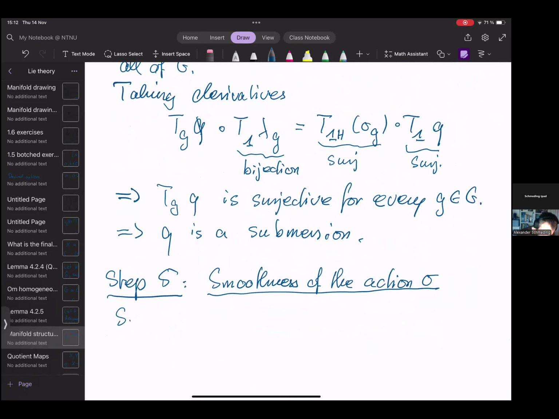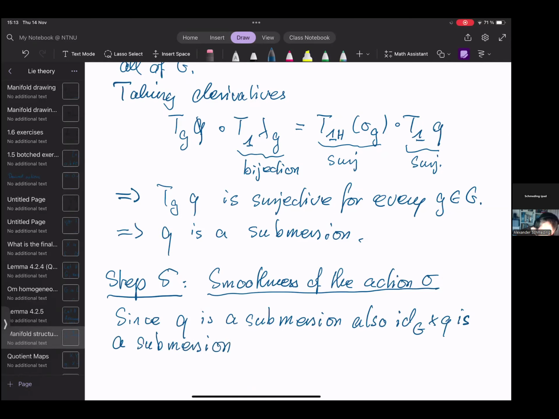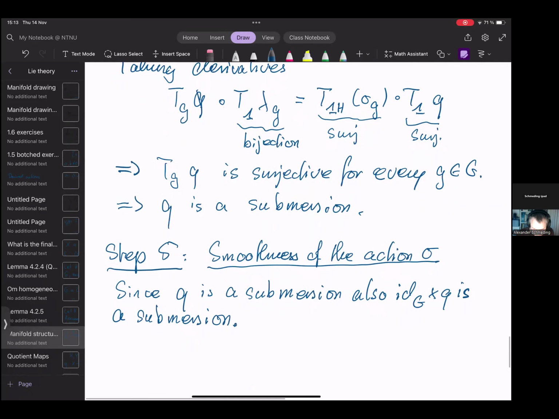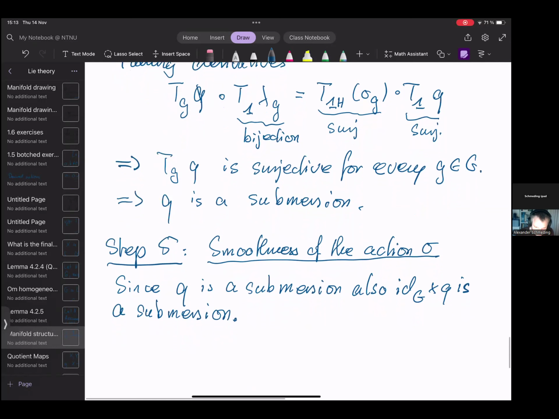So first of all, we note that since Q is a submersion, also the map identity G times Q is a submersion. For submersions, this is actually easy to prove and always true. We don't need anything like local compactness here. So these Cartesian products of submersions stay submersions in our setting.